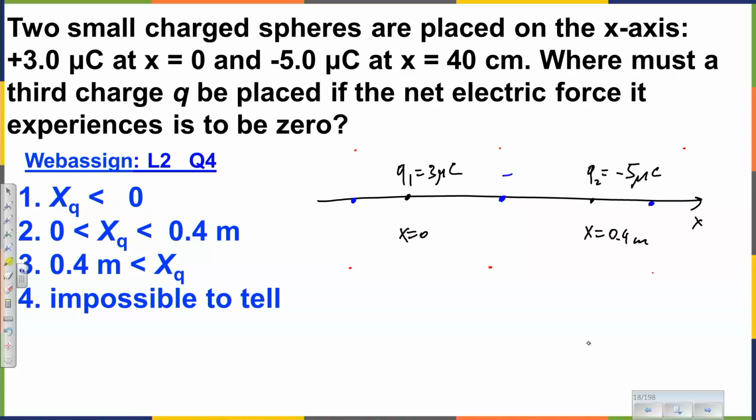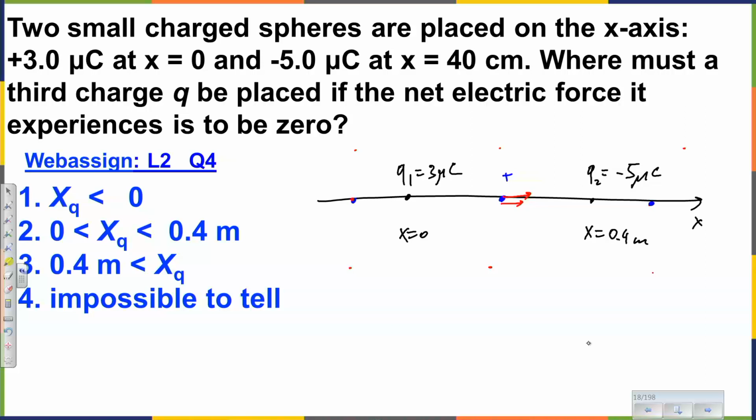Let's say it's positive again. In that case, a positive charge will repel it, and a negative charge will attract it. So in that situation, forces acting on the charge will point in the same direction. They just can't cancel each other.